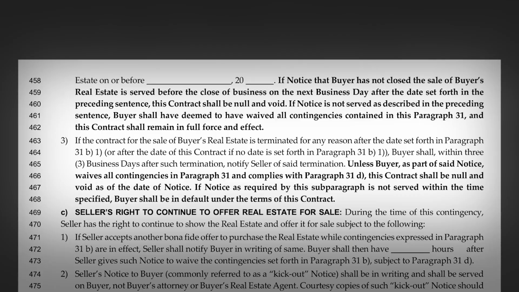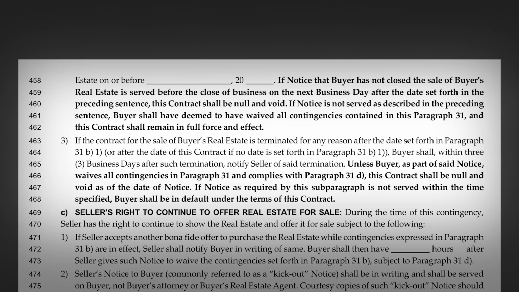Make sure you are looking at what the market is and knowing a date that is not going to put the property at risk and have your client lose out on this one, because it needs to have a full effective contract date on that.